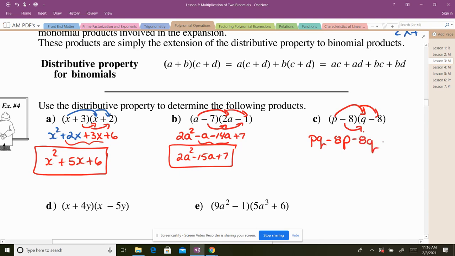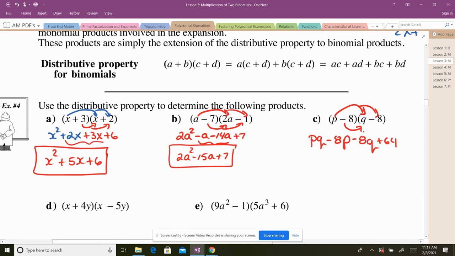Negative 8 times negative 8 is? Positive 64. Can I combine anything here? Because the two middle terms, p and q, are not the same variable, so you can't combine them. There's nothing that will combine with that, and nothing with 64. So you're done.